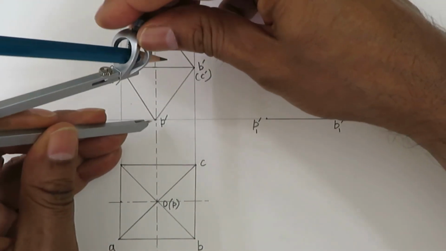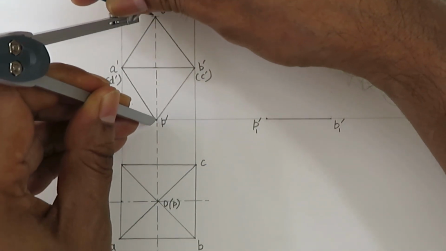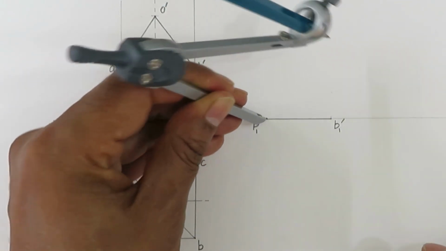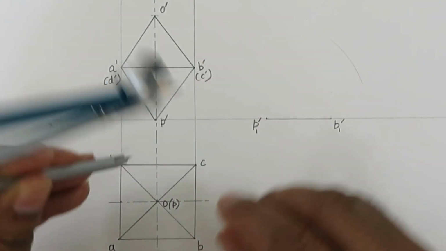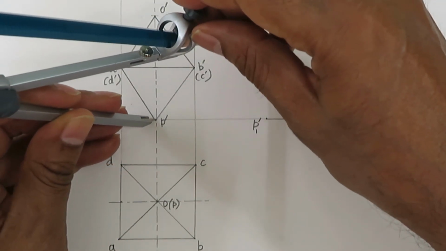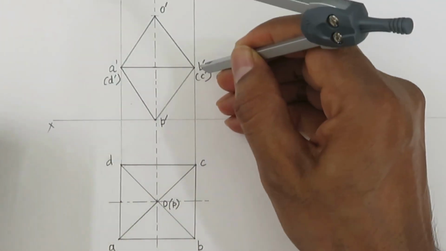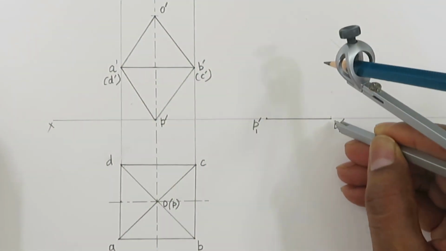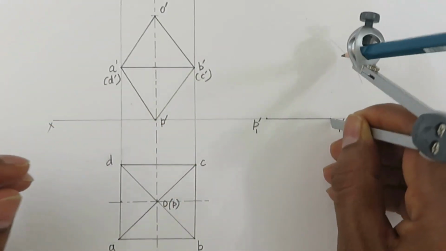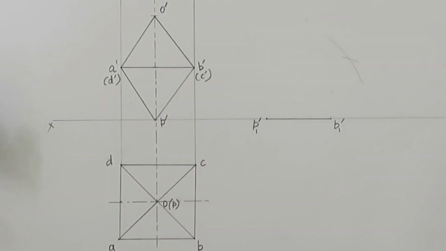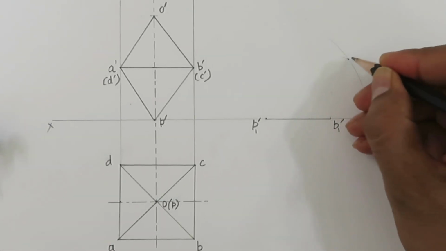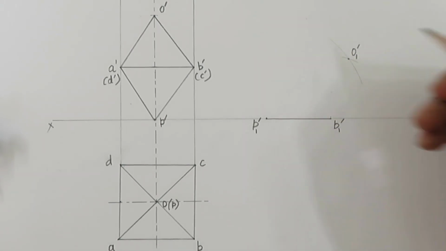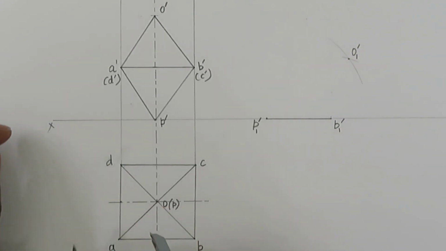So we will find point O here. So this is point O. So we will write O1 dash, and we should find out point A.